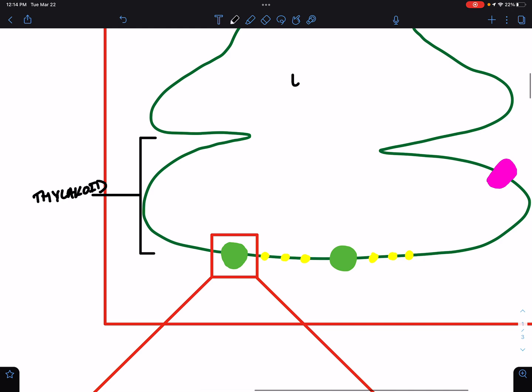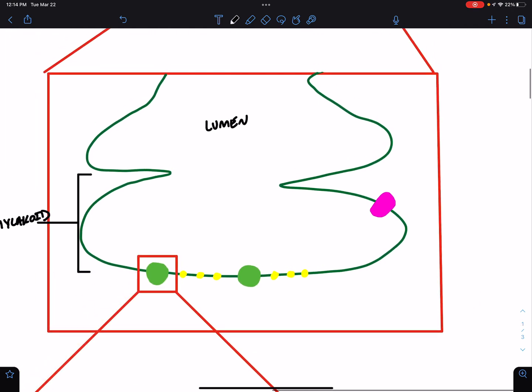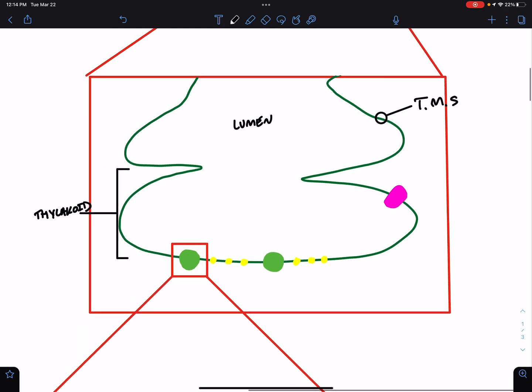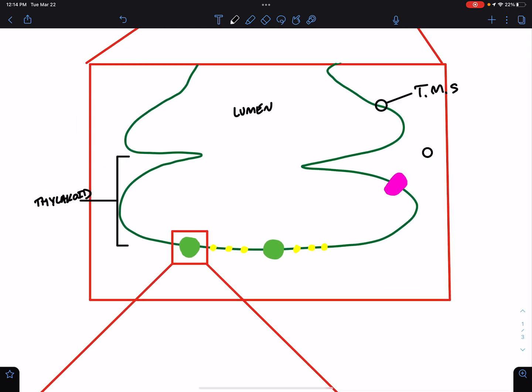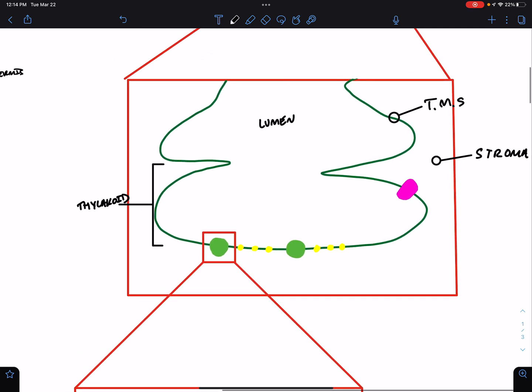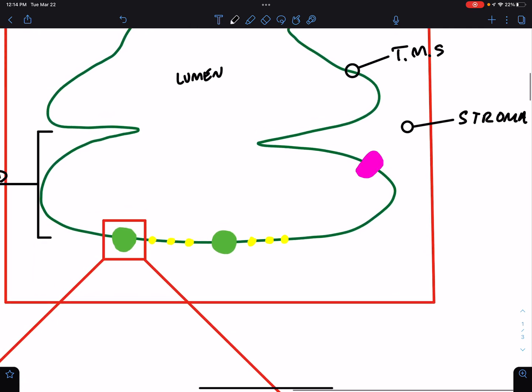Here is the lumen, the space inside, and this whole thing is the TMS, or thylakoid membrane system. And then outside here is the stroma. Not the stomata or stoma, the stroma.